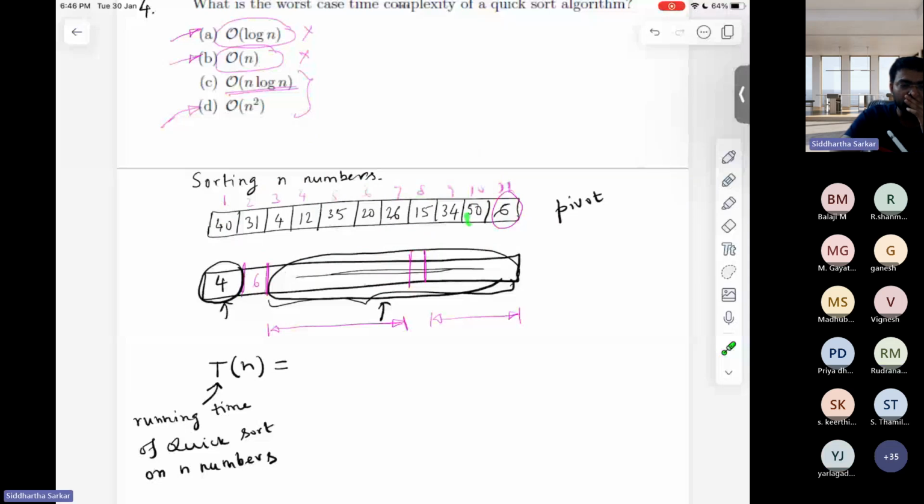This partitioning into two parts by the pivot can be very skewed. For example, in this case, only one number was smaller than the pivot and the rest of the numbers were larger than the pivot. So the subproblems were not close in size. It is called a skewed partition.